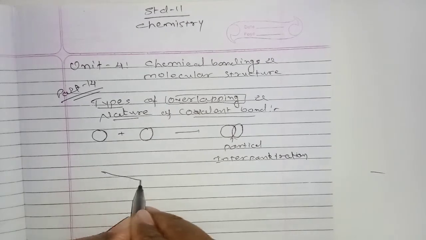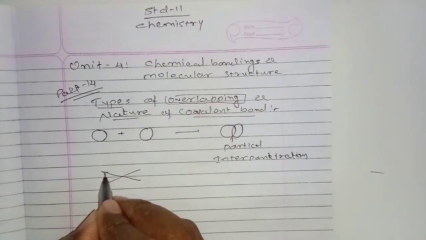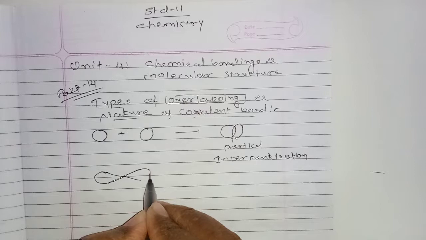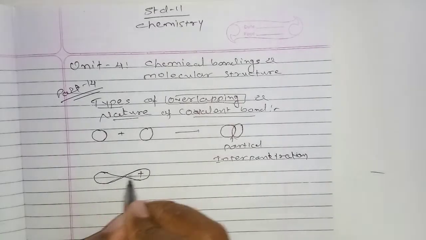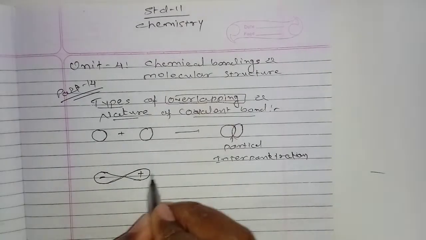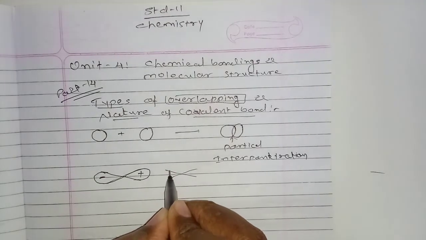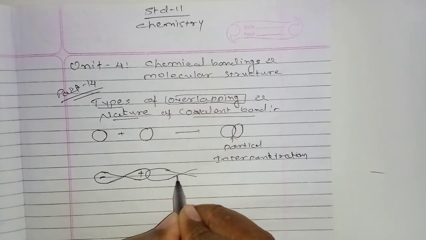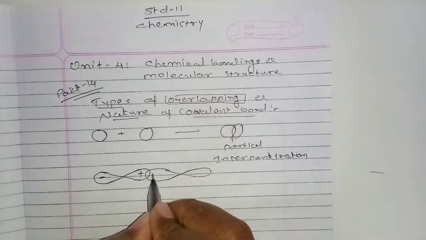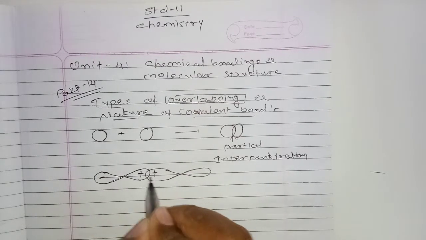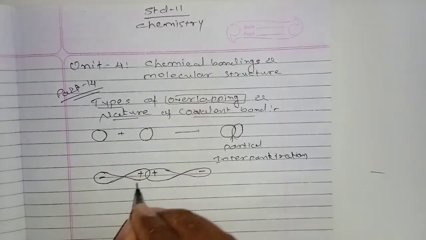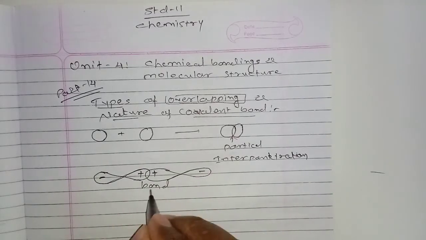If a p orbital with a positive sign overlaps another p orbital, and the signs are the same, the bond will be formed.